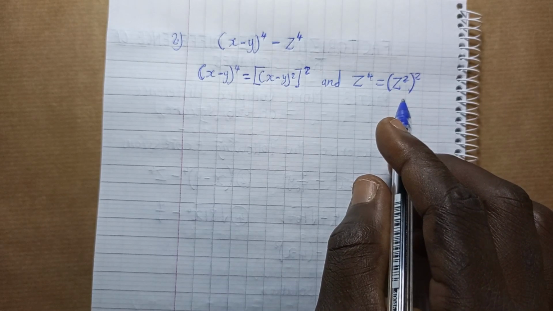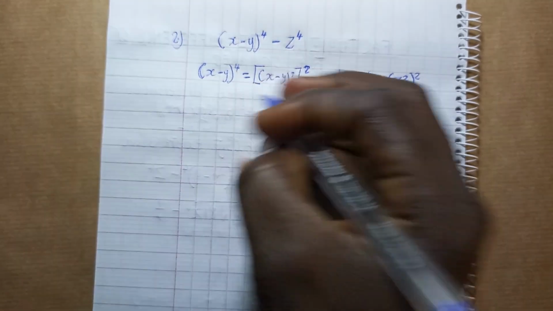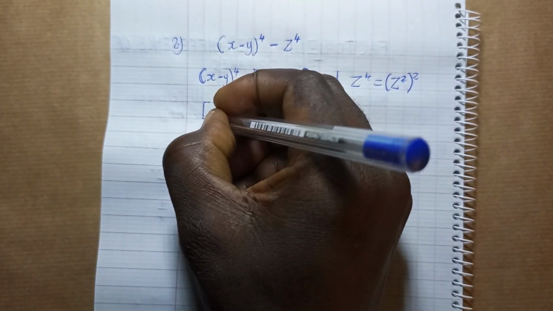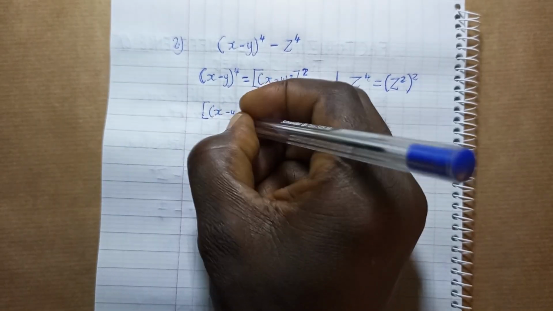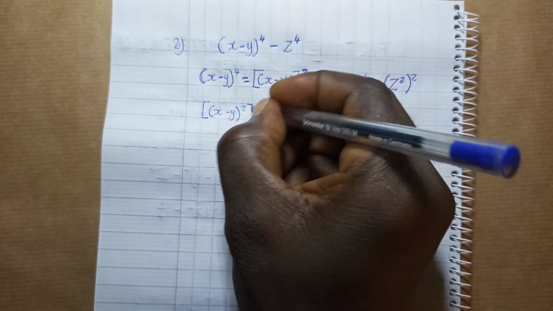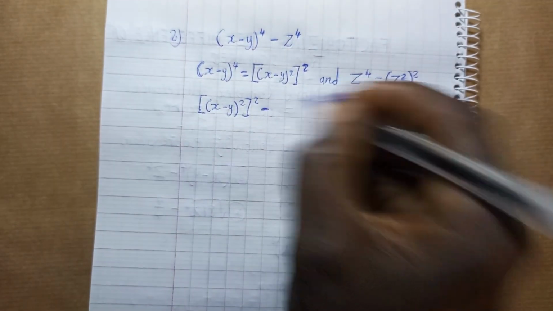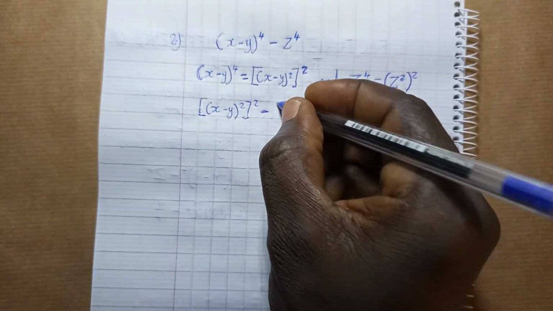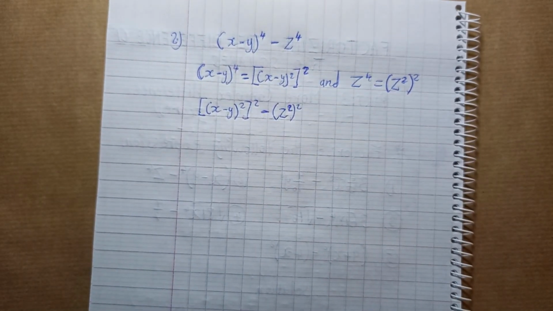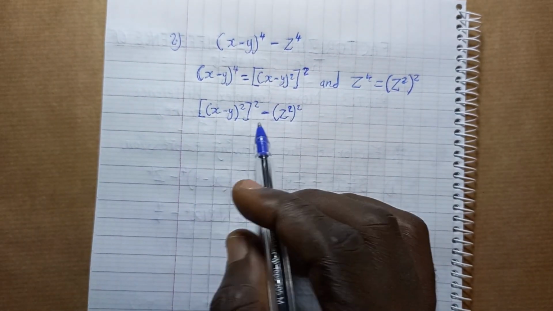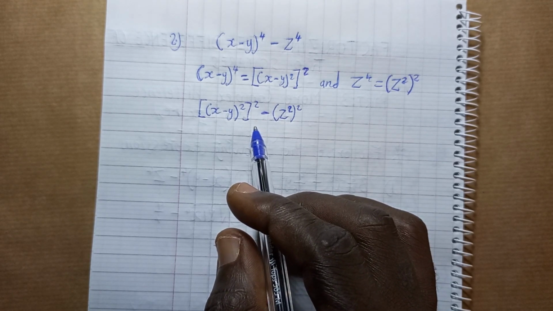And then if you notice very well, if we write this out now, this expression of x minus y close bracket square minus this particular one, z square and then square again. Now if we observe very well, it is now in the difference of two squares form.